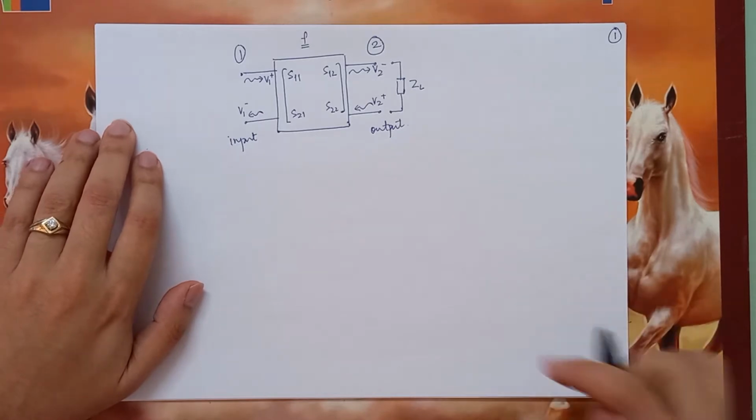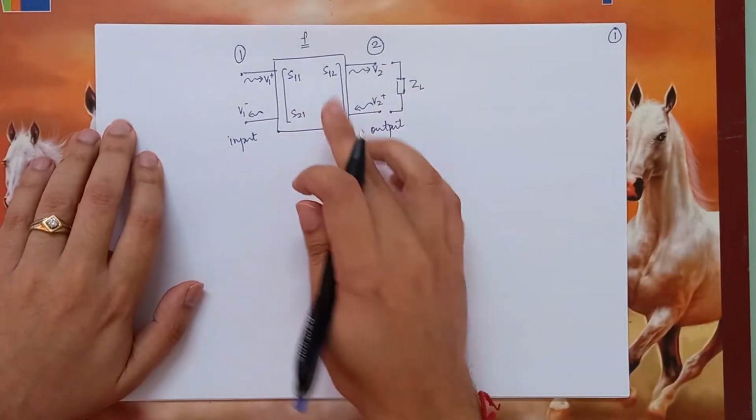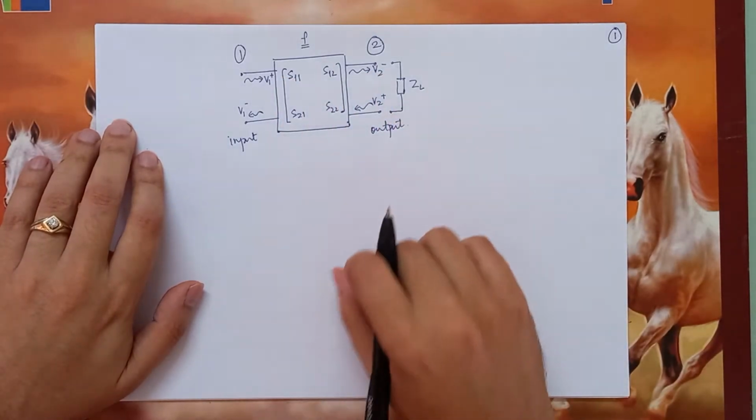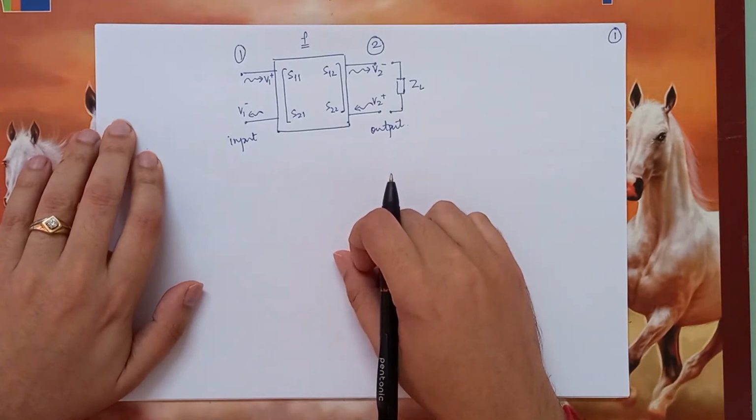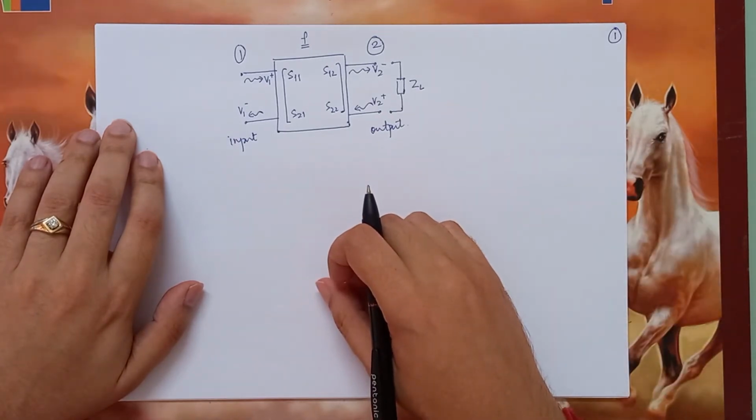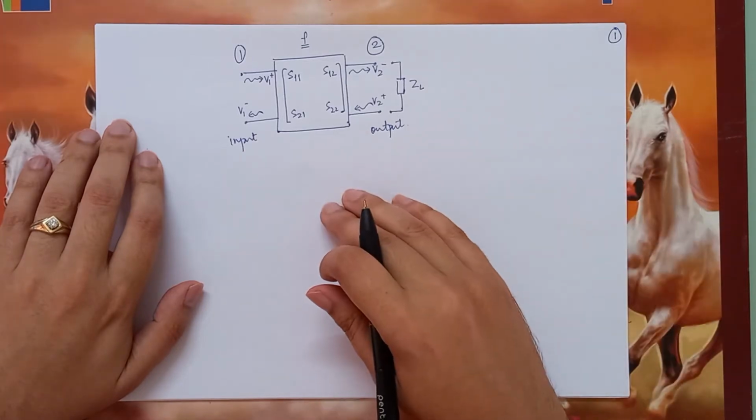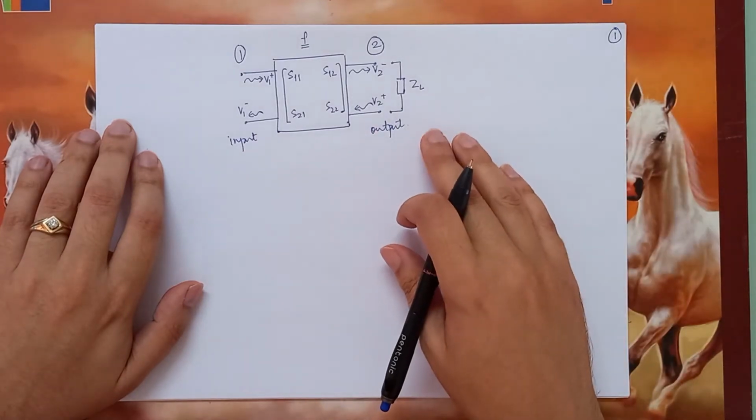What we had essentially done is to represent this entire network, including the load, in the form of a signal flow graph, where every node represents a voltage and the branch represents some coefficient like the S parameter or the reflection coefficient.